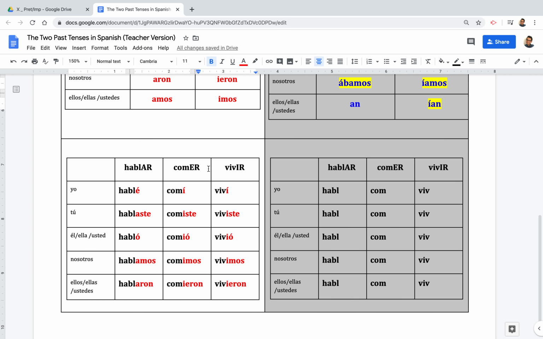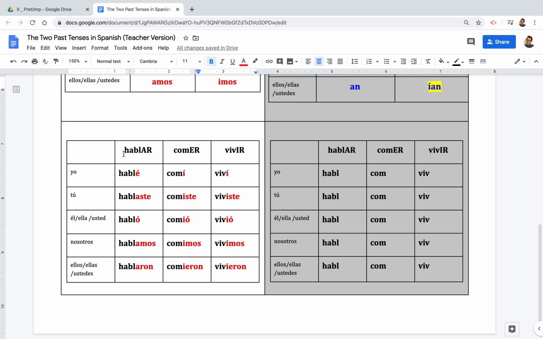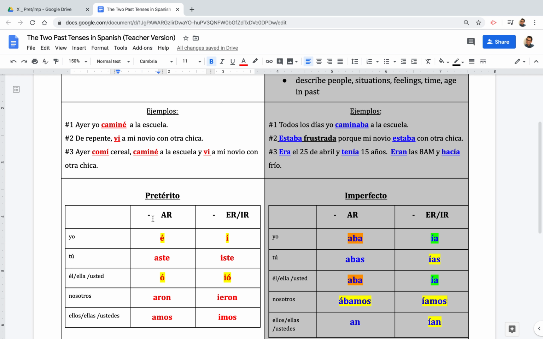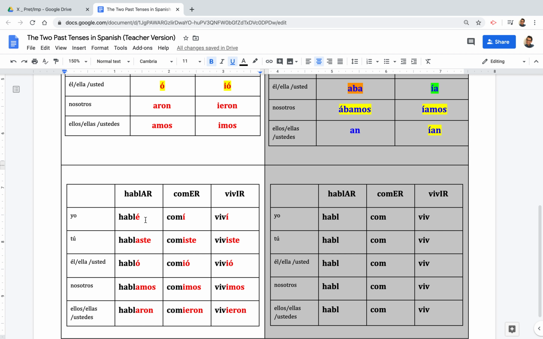So here I have an example of using 3 different verbs that we already know. Hablar, comer, vivir. These verbs have already been conjugated, or changed, to match the person who is doing the action in the sudden past tense, or the pretérito. So we have yo hablé, tú hablaste, él, ella, usted habló, nosotros hablamos, ellos, ellas, ustedes hablaron.